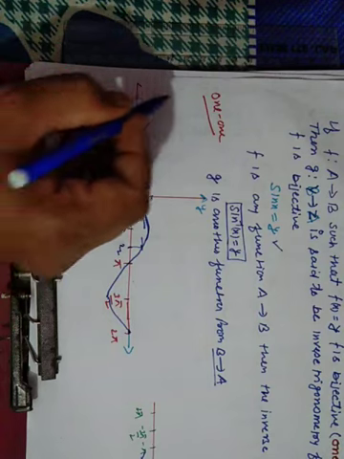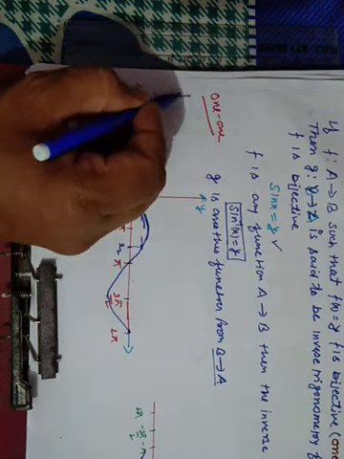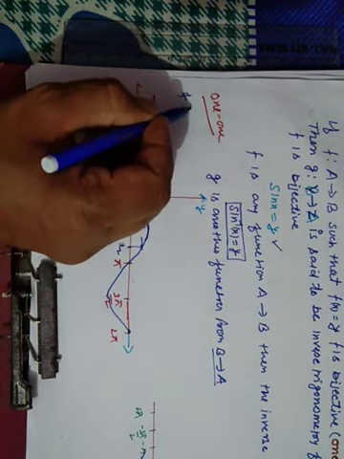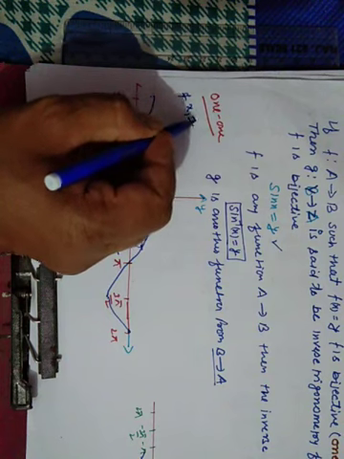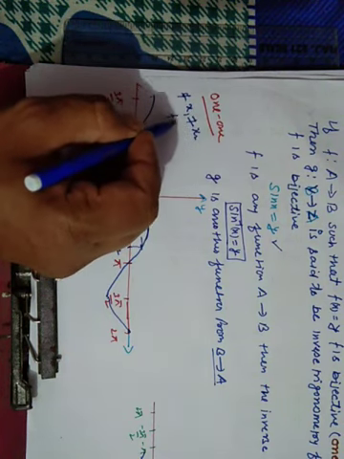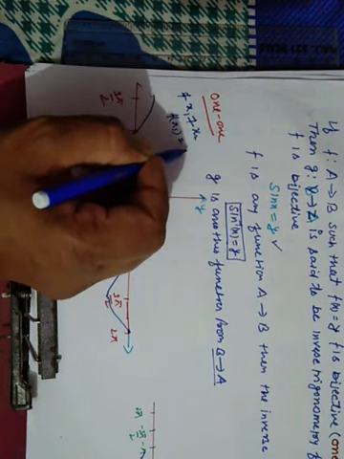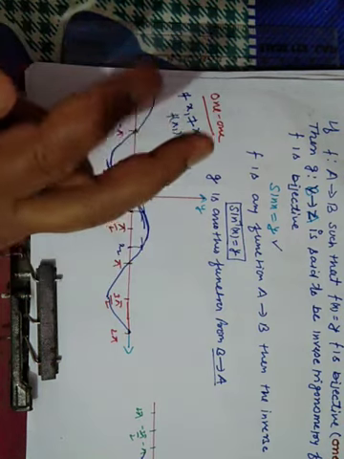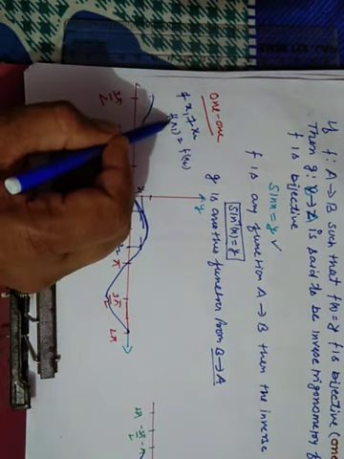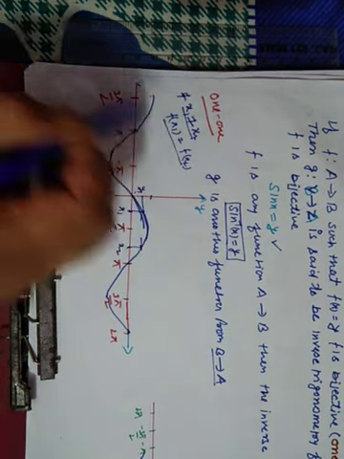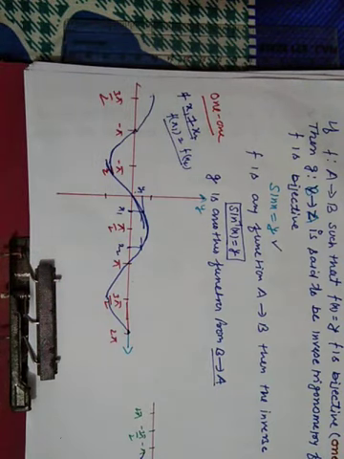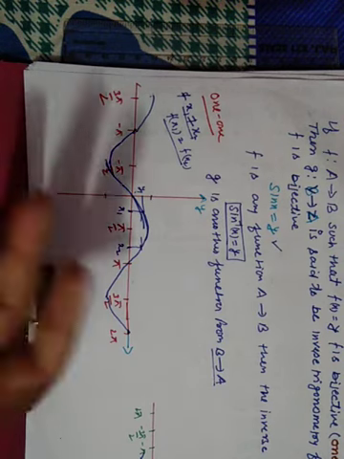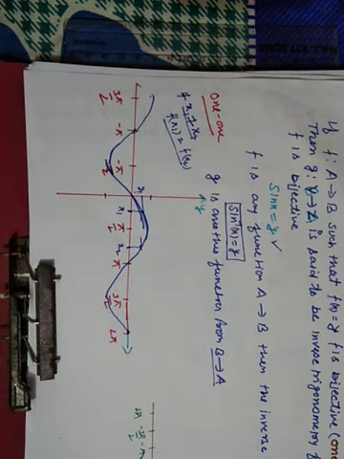For that what we have, x1 is not equal to x2, but f(x1) is equal to f(x2). For two different values we are getting the same answer, so that function is not 1-1. Clear? So it means we cannot find the inverse of this trigonometrical function.